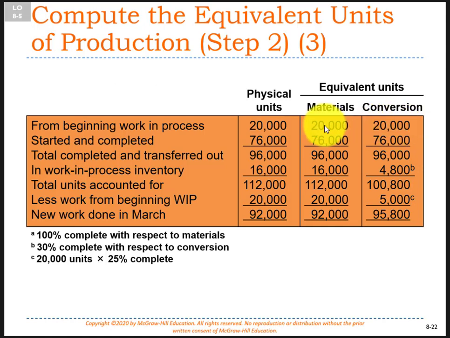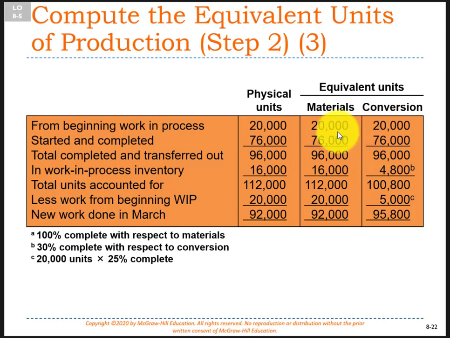So you would have gotten 0 here, 15,000 here. You would have gone through the next step, okay? The ending work in process would be the same, but you wouldn't do this subtracting out.